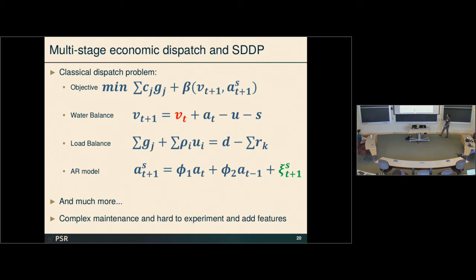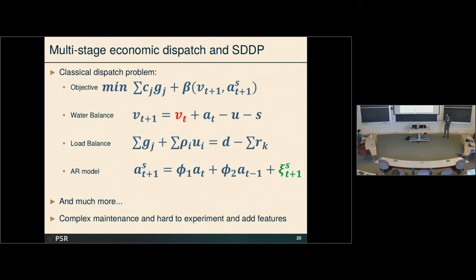And this is the stochastic model. There are many possibilities of model; this is just an AR2 model to represent the inflow stochastic model. There are many, many more details, so representing a very complex model is really tough. Only in this water balance equation you can have much more. You can have irrigation, infiltration, evaporation of water, and all of that makes everything harder.